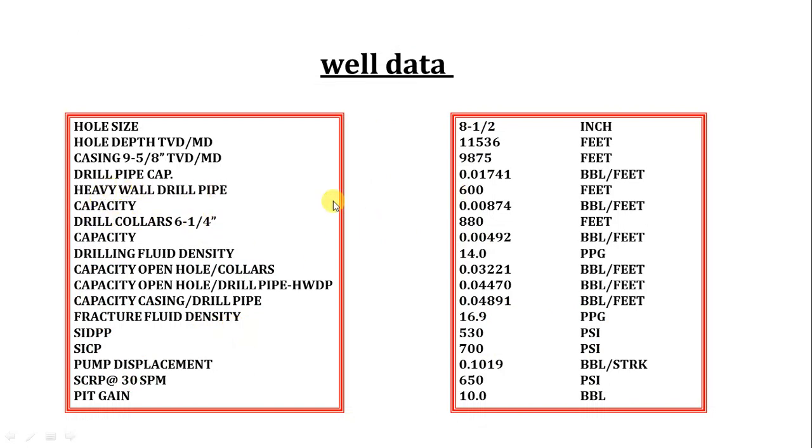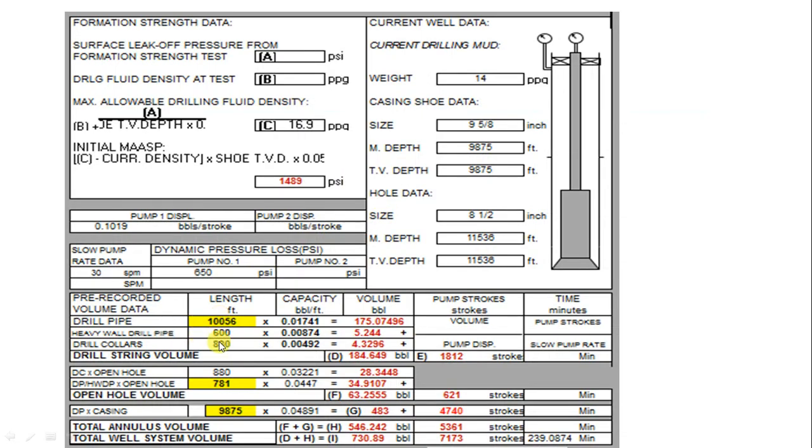So what is the other in the drill string will be the drill pipe. So take care of the measured depth, if it is different than true vertical depth for sure. The measured depth minus both of them will give you this number. So here you got the length of the drill pipe. This is a very important issue.